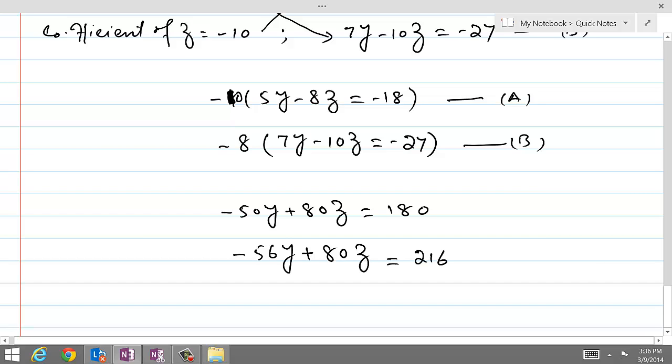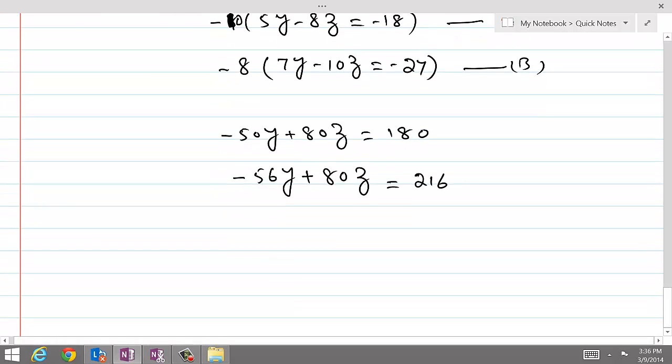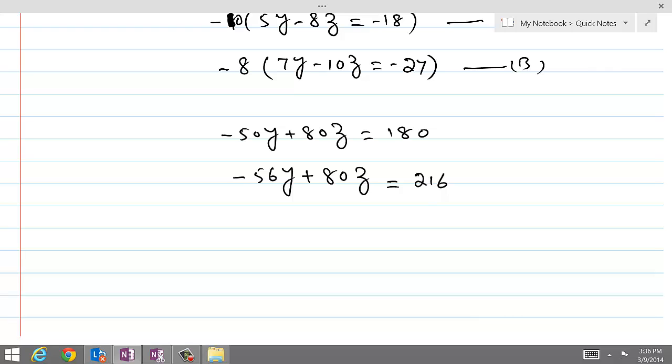So now we are going to eliminate z, and for that purpose we are going to subtract again.